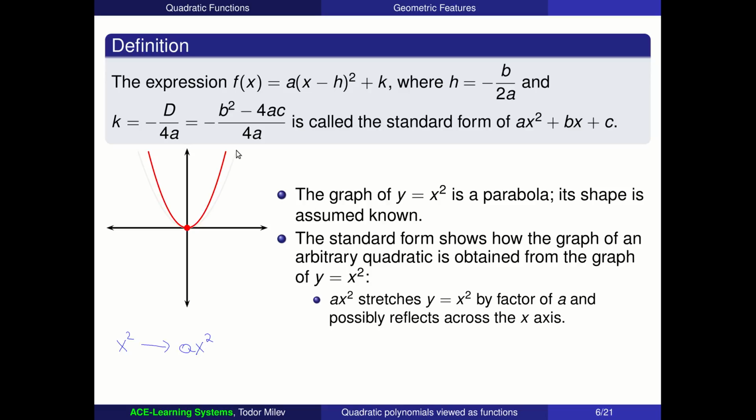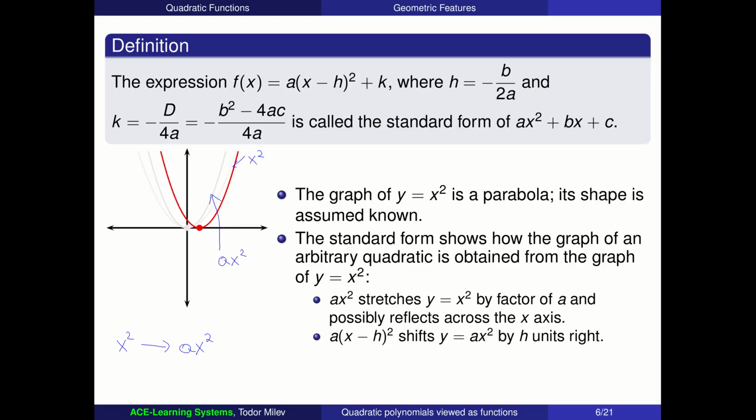Here, with the gray color, I have the original function x squared, and with the red color, I have the function a times x squared. So multiplying x squared by the number a corresponds to stretching the graph of x squared by a factor of a. That's if a is positive. If a is negative, you also need to reflect across the x-axis.